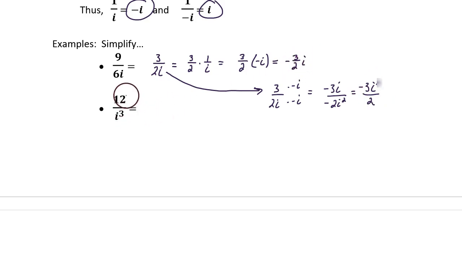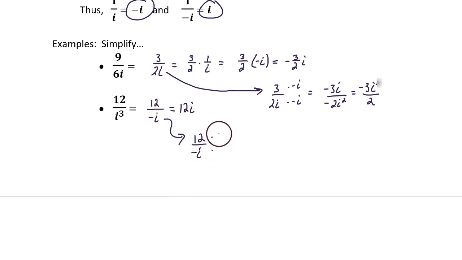Next example, we have 12 over i cubed. And we want to simplify this. From our table of powers earlier, i to the third is equivalent to negative i. We can replace a negative i in the denominator with the letter i. If that step's unclear to you, then here's how you can work it out step by step.